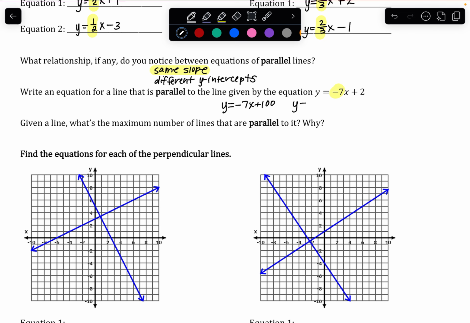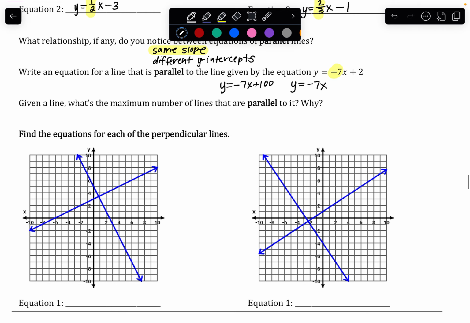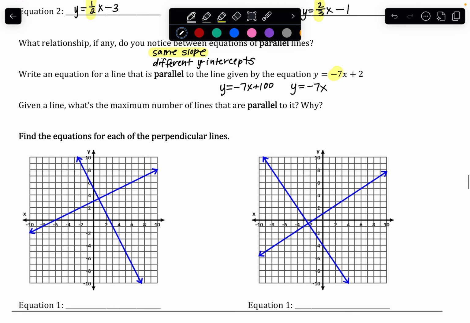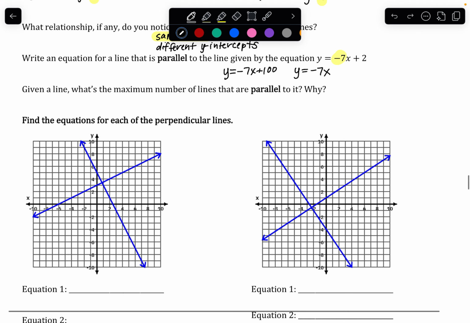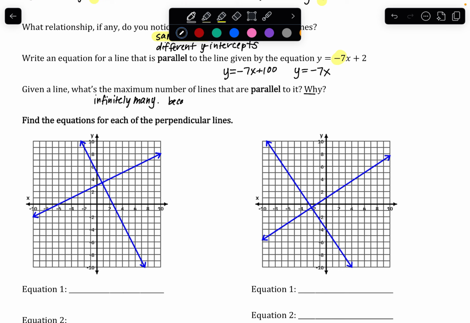It could even be 0. Anything that has a slope of -7 will work as long as it has a y-intercept other than 2. Given a line, the number of lines parallel to it is infinitely many, because the y-intercept can be anything.